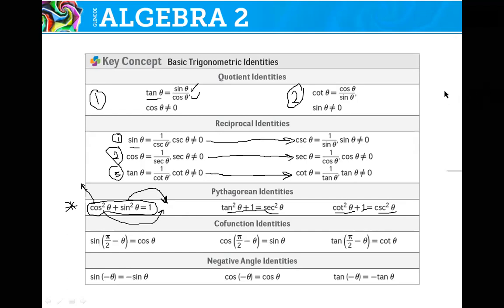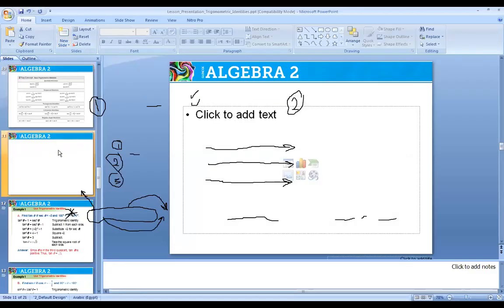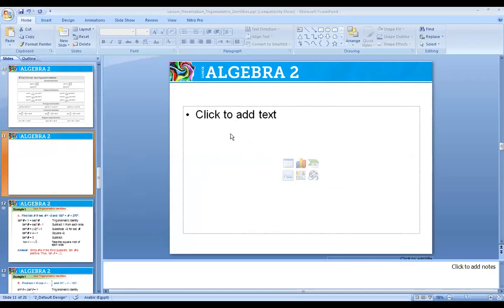I can add a slide and write this to be clear. Pay attention with me. The original rule is cosine square theta plus sine square theta equals 1.